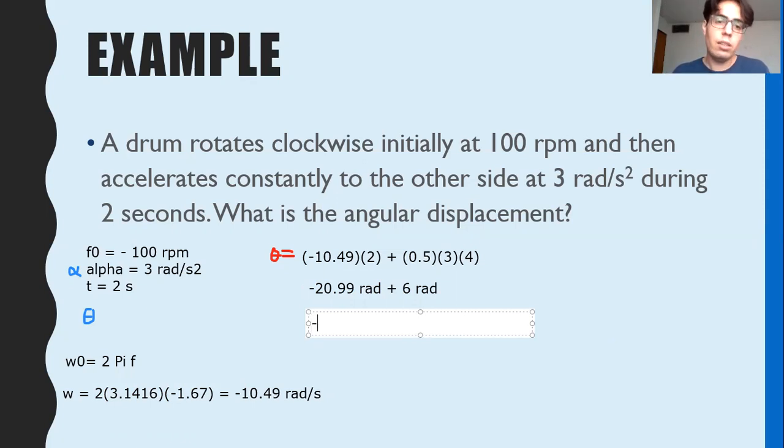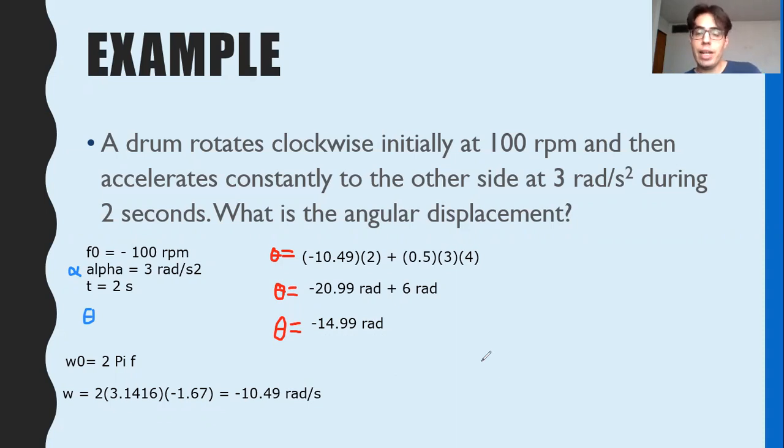So the angular displacement that we're going to have is negative, yes, because it is bigger, negative 14.99 radians. Okay. So that is the angular displacement that we have, a negative of 14.99 radians. Why is it still negative?